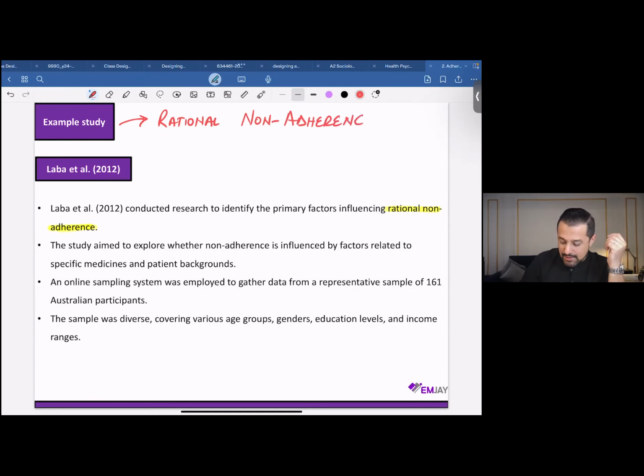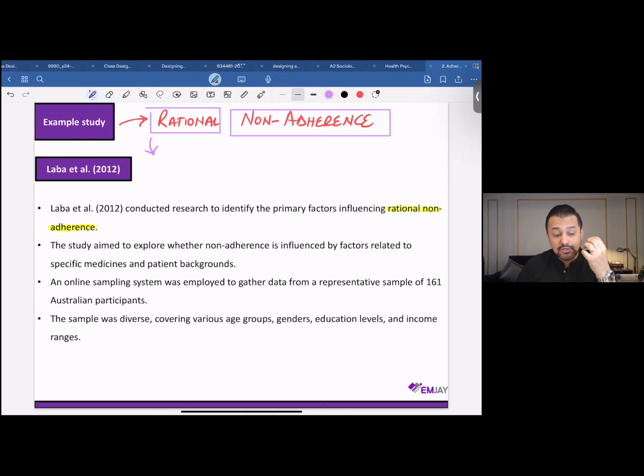As the name in itself suggests, non-adherence is not obeying, and rational non-adherence is when you have an apparently rational reason or a justification as to why you're not adhering to the medical advice. There are several factors that play their role when it comes to rationally not adhering.